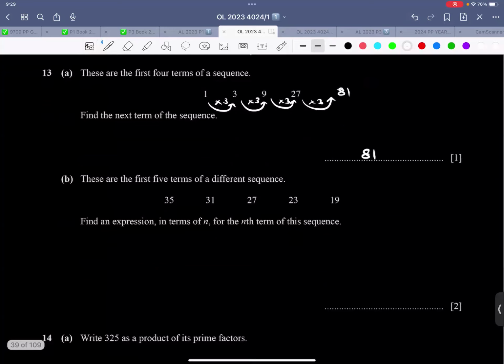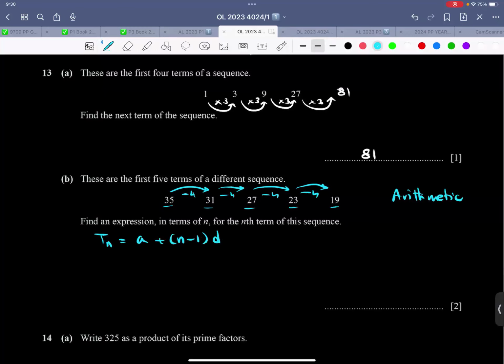These are the five terms of a different sequence: 35, 31, 27, 23, 19. This is a reduction by 4. So this is -4, this is -4. Double check, -4, -4. This is an arithmetic sequence. It follows the pattern Tn is a plus (n minus 1) into d.